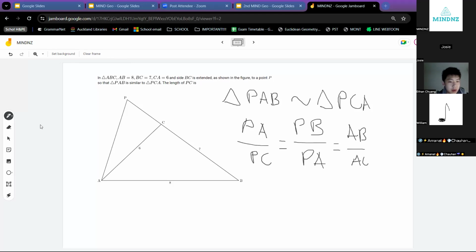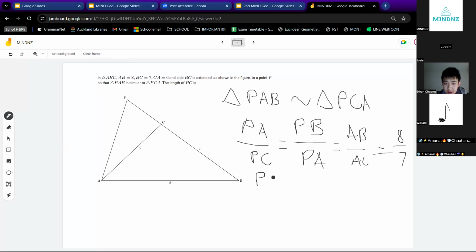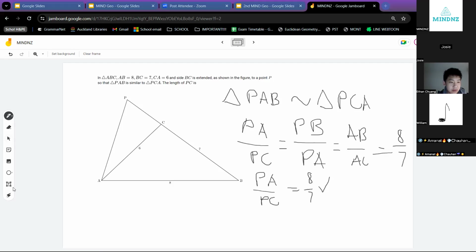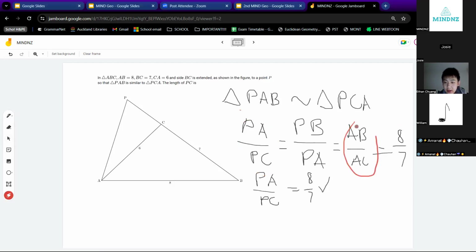All right, so we're given that AB equals 8, right? And then AC equals 7. So then we know that PA over PC equals 8 over 7, right? So we've used these two parts. And I guess the main observation you want to make here is that this long side PB is actually equal to PC plus 7.